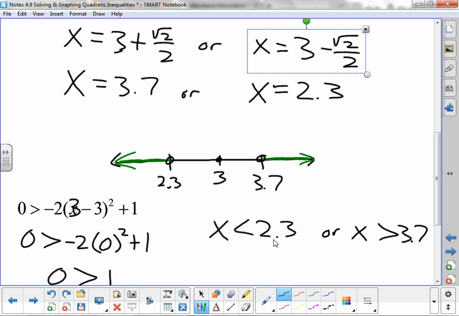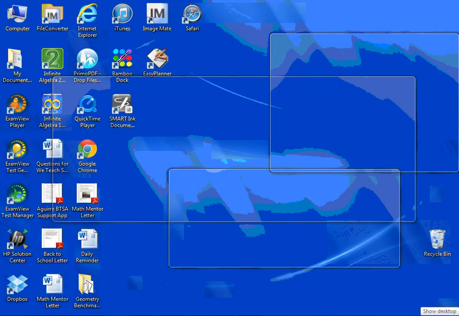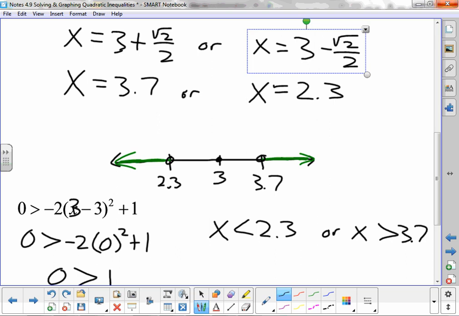All right. So this will be x is less than 3 minus the square root of 2 over 2, because that is a more exact answer. Or x is greater than 3.7, but 3.7 came from 3 plus the square root of 2 over 2.